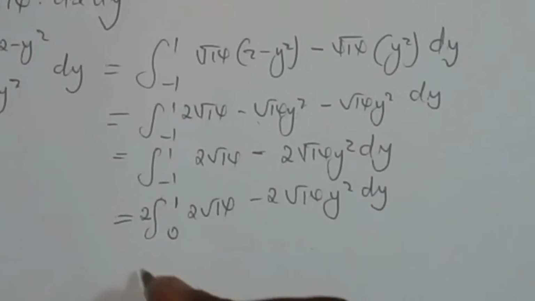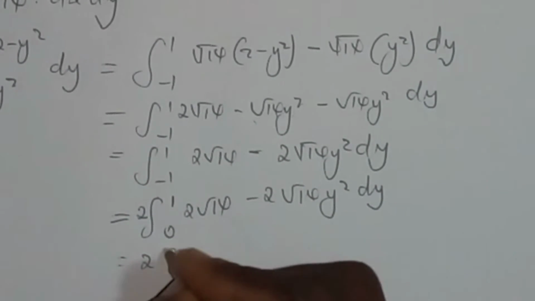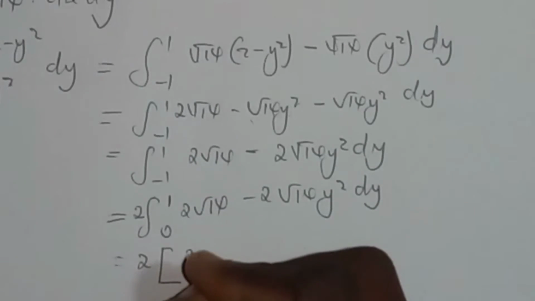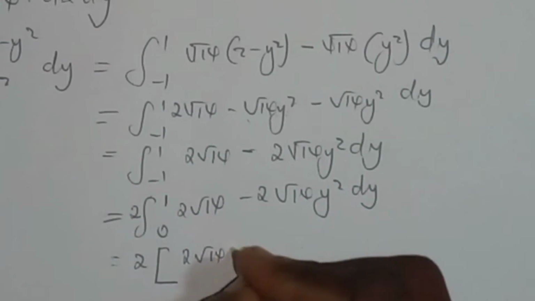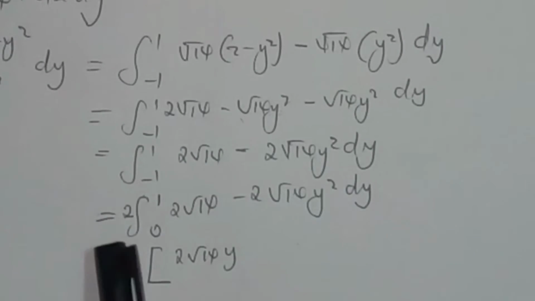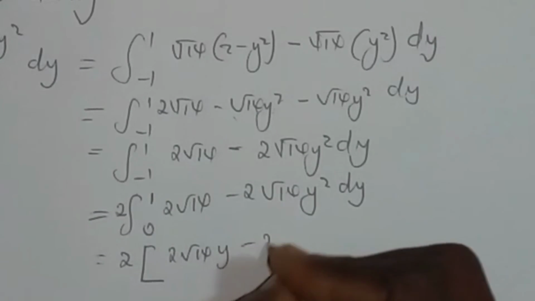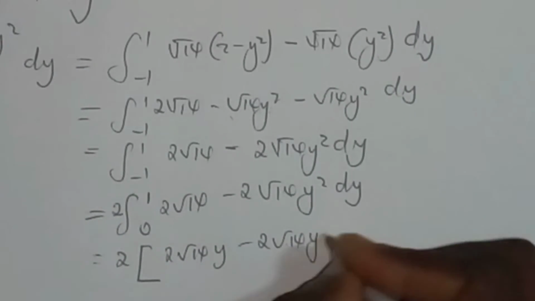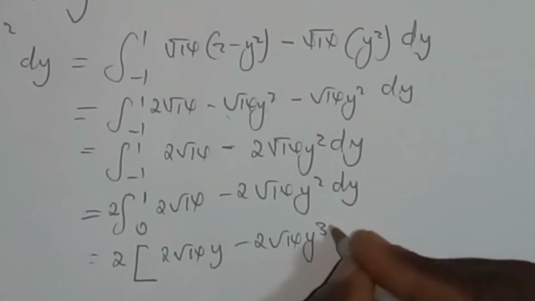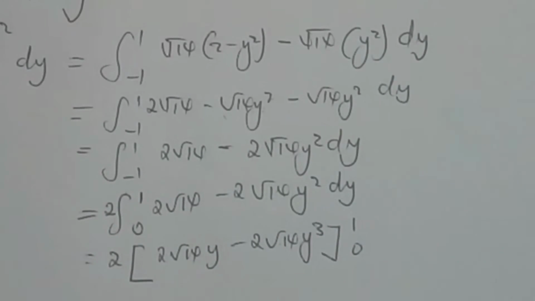Factorizing, I pull root 14 out, so it's going to be 2 root 14 y minus 2 root 14 y cubed over 3, with limits 1 and 0.